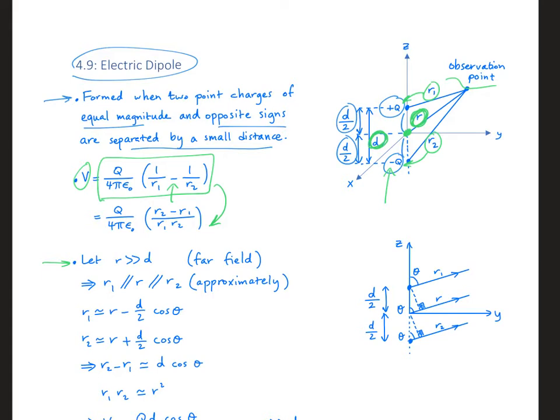So we call this a far field situation. You'll see this word popping up in communications. And the physical meaning that matters for us is that we're going to tend to see things this way. So R1 and R and R2 will seem to be parallel as an approximation. Why is that? It's because our observation point is way, way far from my dipole.